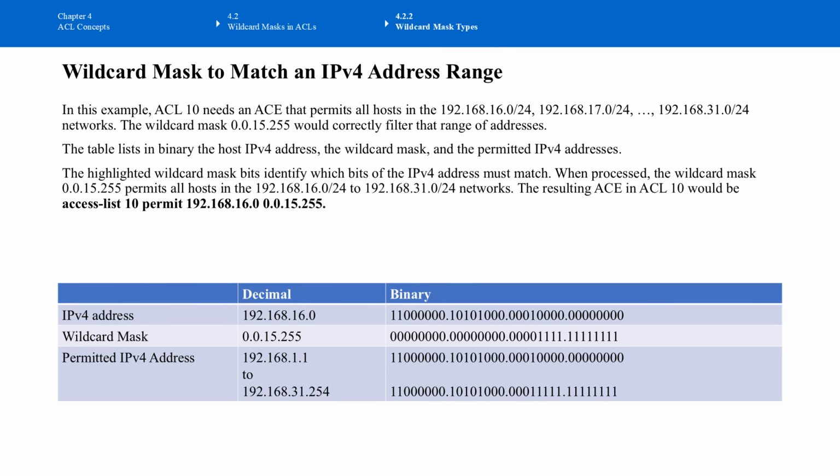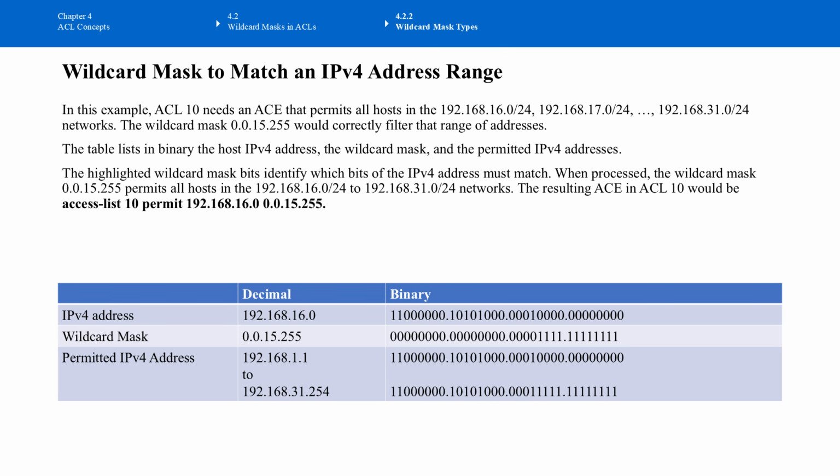Its equivalent binary number is on the right. The next row shows the wildcard mask 0.0.15.255 with its equivalent binary number. And then the last row shows the permitted IPv4 address.